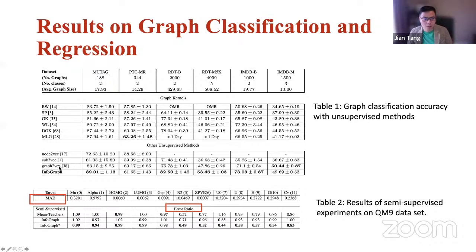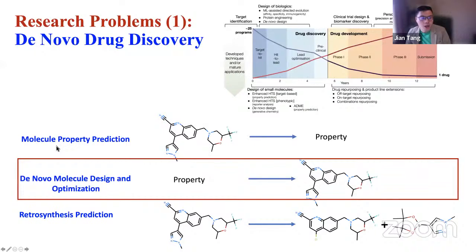At that time our algorithm was able to outperform all these algorithms. Of course, because this algorithm is relatively old now, there are new methods which outperform ours, but our method is still relatively stable on different data sets. So this is the first work about molecule property prediction in a self-supervised way.